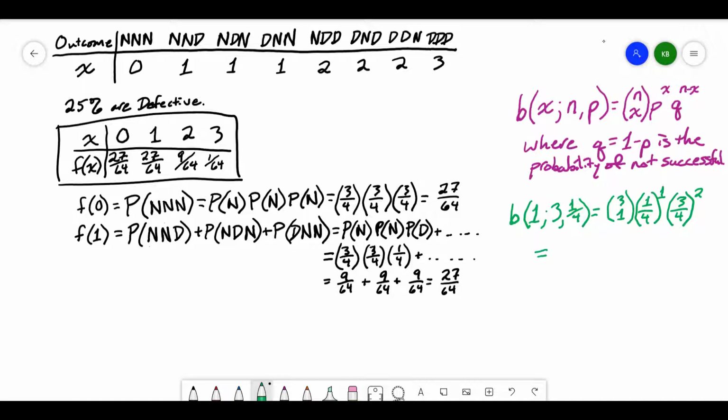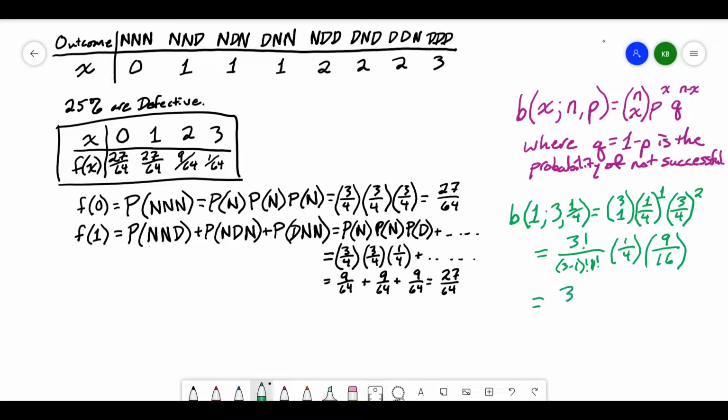So I know that 3 choose 1 is equal to 3 factorial divided by 3 minus 1 factorial times 1 factorial. And I have 1/4 to the first power, which is 1/4, and 3/4 squared is going to be 9/16.